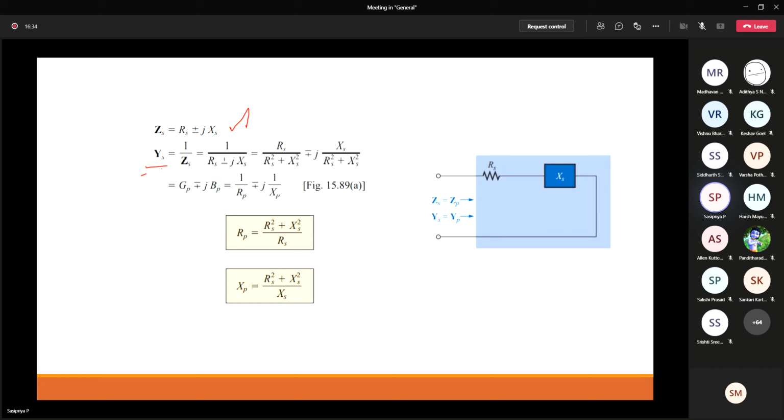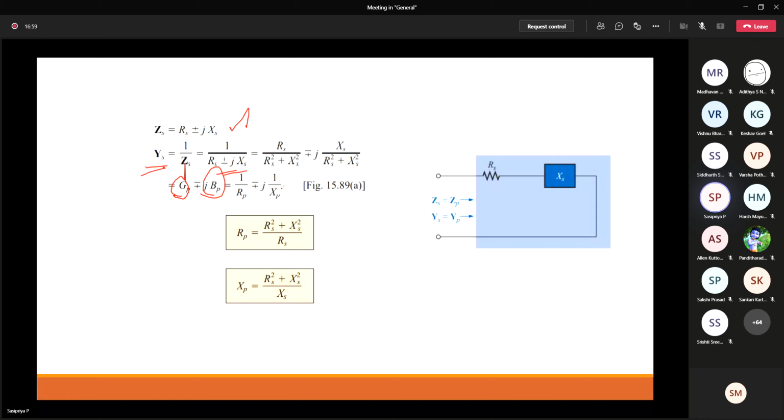Again, when I write the admittance, which is the inverse of the impedance, and take the complex conjugate, I'll have something like this. That is, Y can also be written as 1 by R plus j by X, because Y is nothing but the inverse of Z.